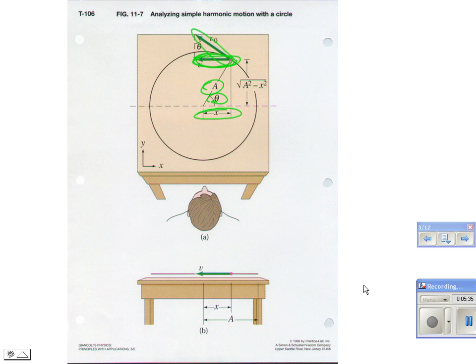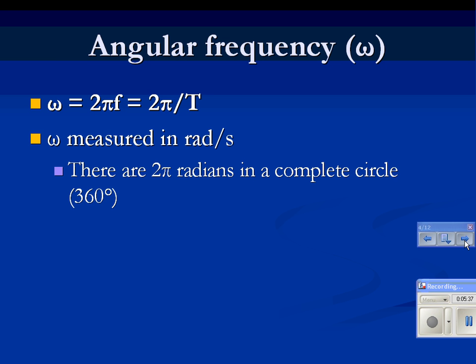Okay. Let's talk about this concept, omega. Omega is meant to represent angular frequency or angular velocity in some textbooks. It makes more sense in terms of circular motion. If you think of something going around in a circle, I can measure its velocity at any given instant, tangential to the circle, but I can also measure its velocity in terms of the size of the angle that it creates in a certain time period.